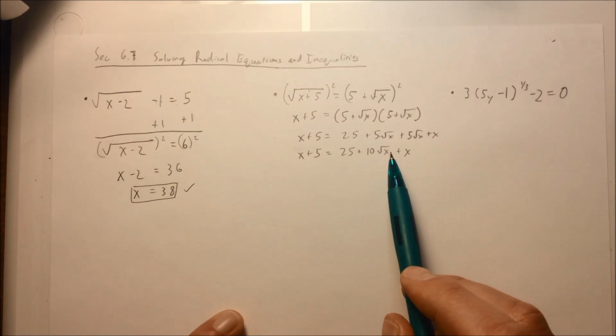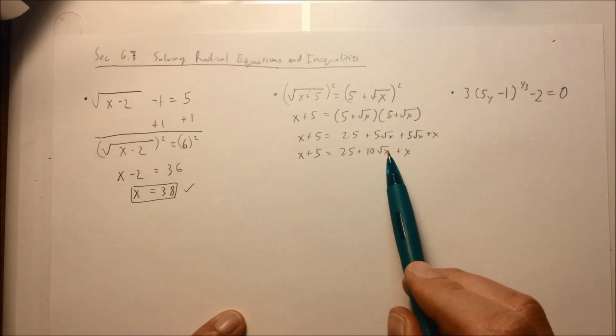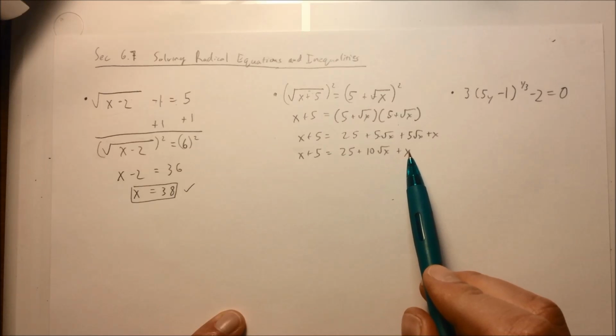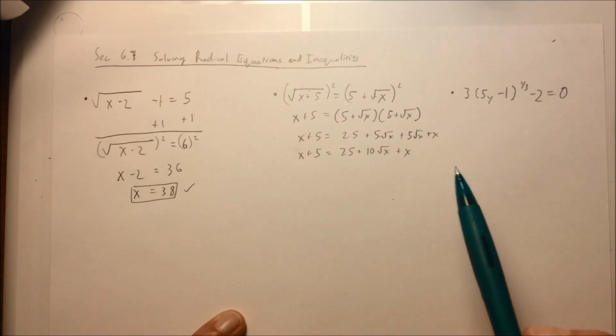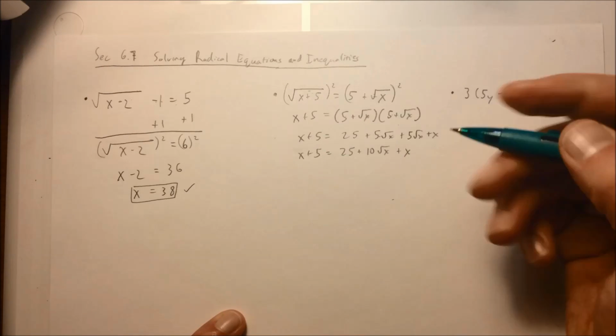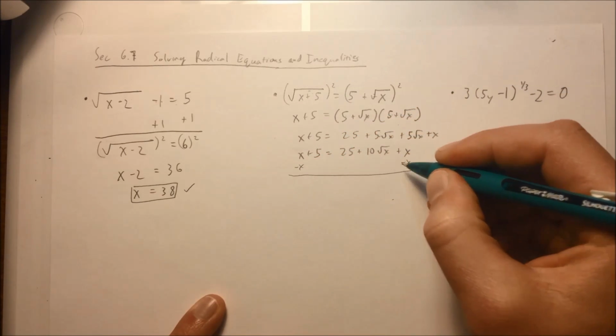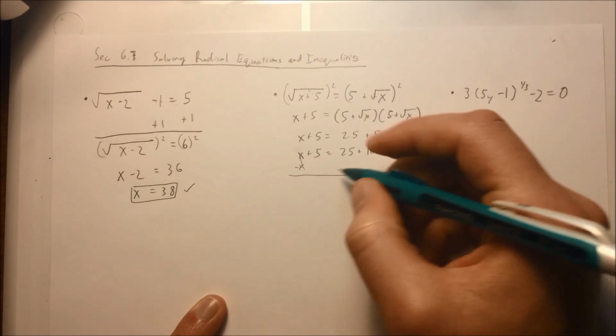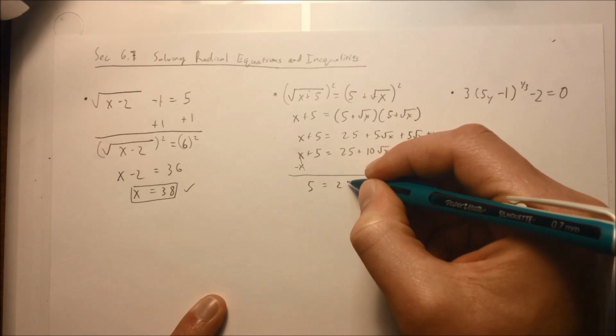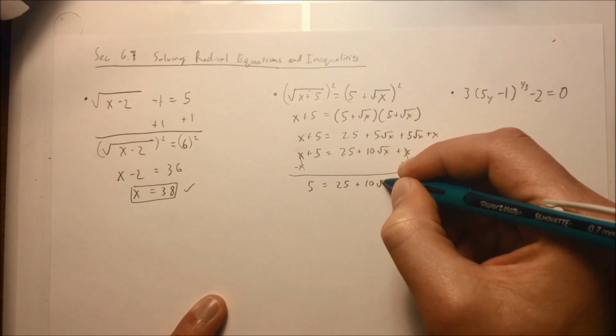Alright. So, now what do we need to do? We need to get rid of this square root somehow. So let's get everything else over here. This problem works out nicely because when I subtract x from this side and x from this side, these cancel. I'm going to get 5 is equal to 25 plus 10 times the square root of x.